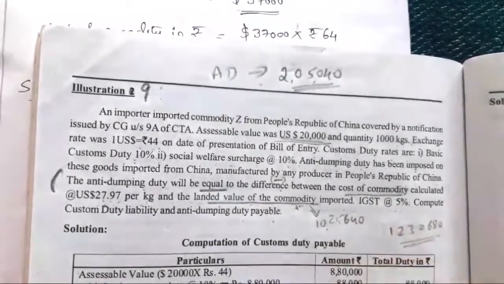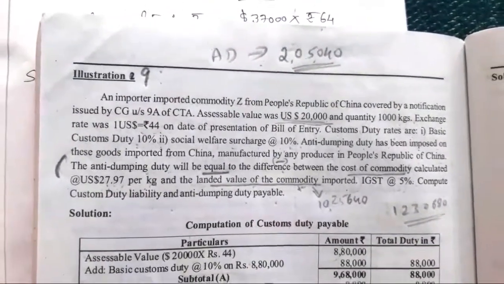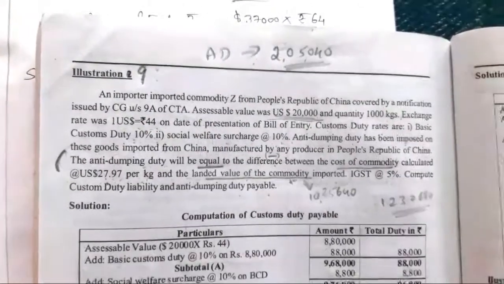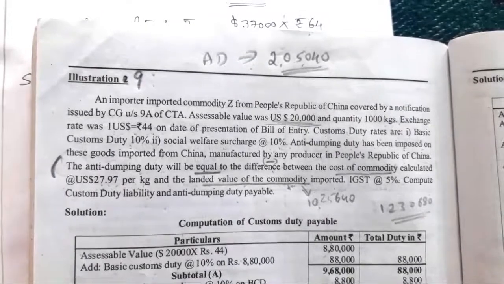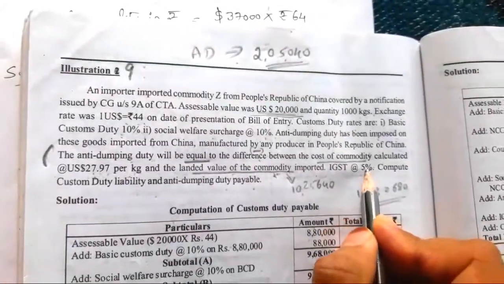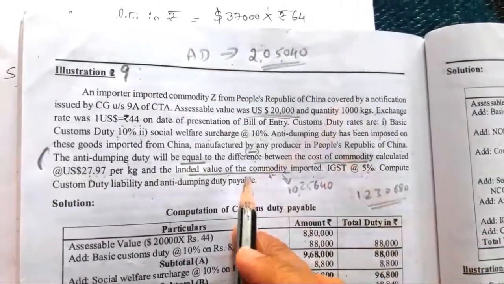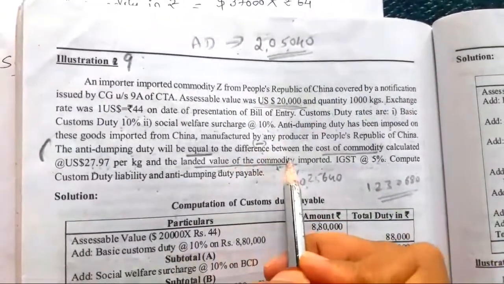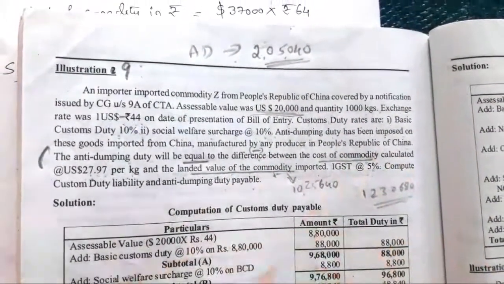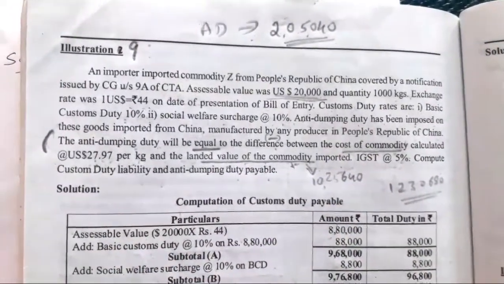Okay, 12,30,680. So try to work out this illustration. This is a homework for you, illustration number 9. IGST you have to calculate at 5% before computing the anti-dumping duty, that is, before finding this landed value of commodity you have to take IGST also. There is no other info, so you have to work out this illustration.